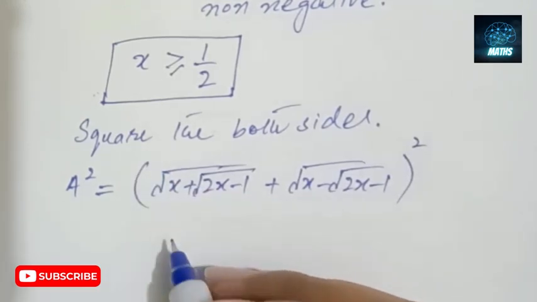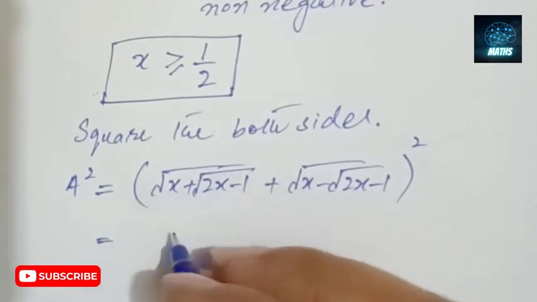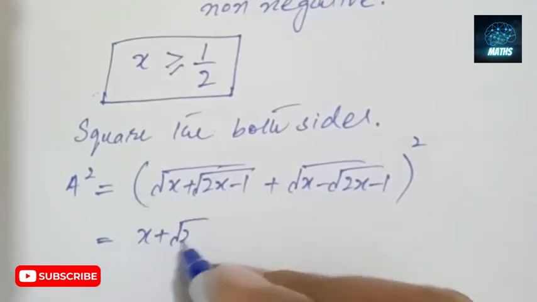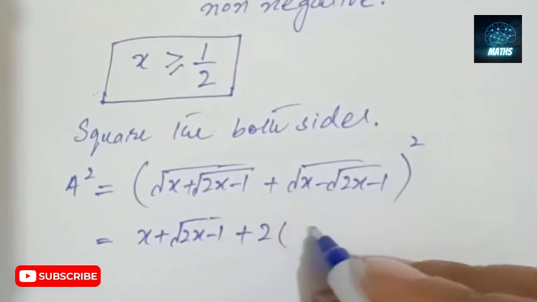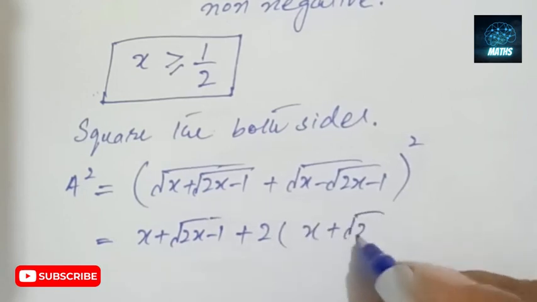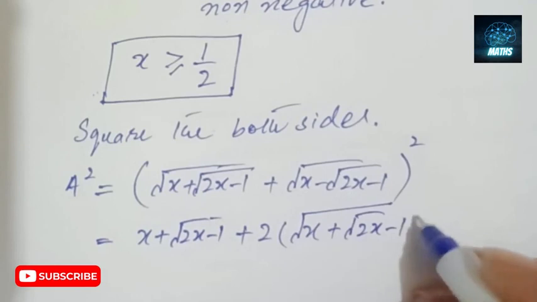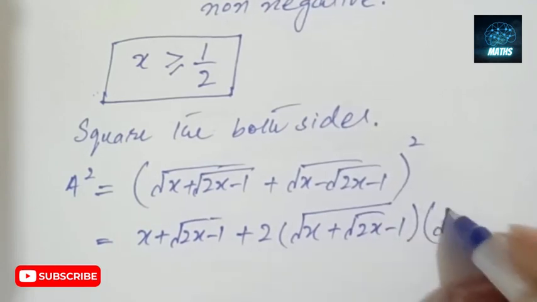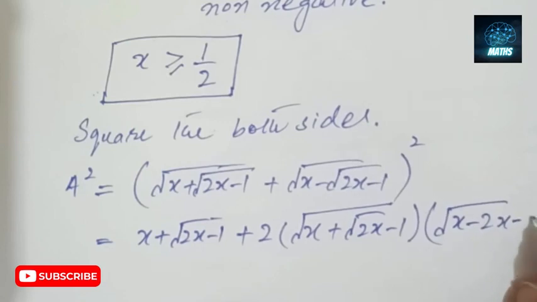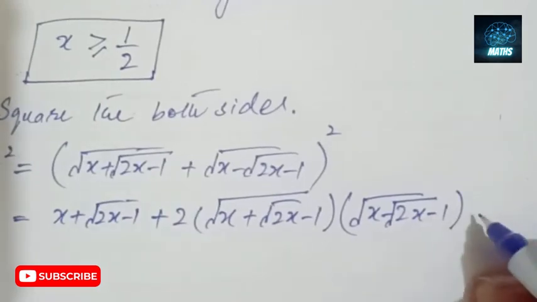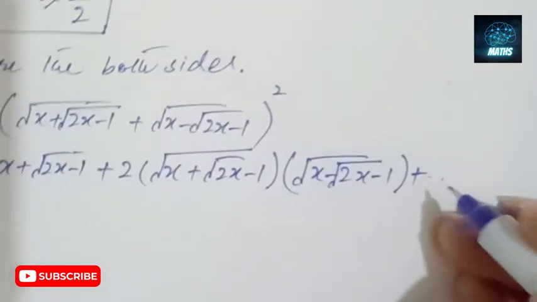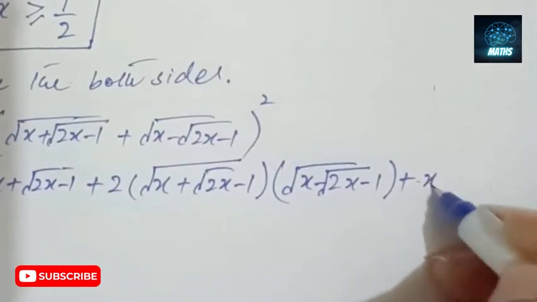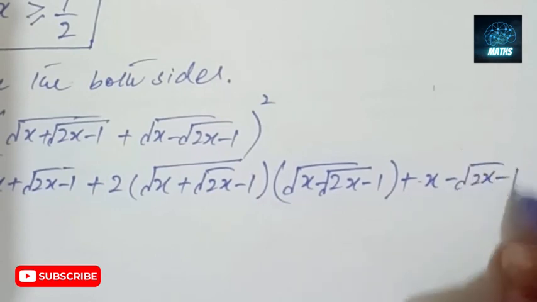I am using the identity a plus b whole square here. I will get x plus square root 2x minus 1 plus 2 times x plus square root 2x minus 1 whole square and square root x minus 2x minus 1 and plus x minus square root 2x minus 1.